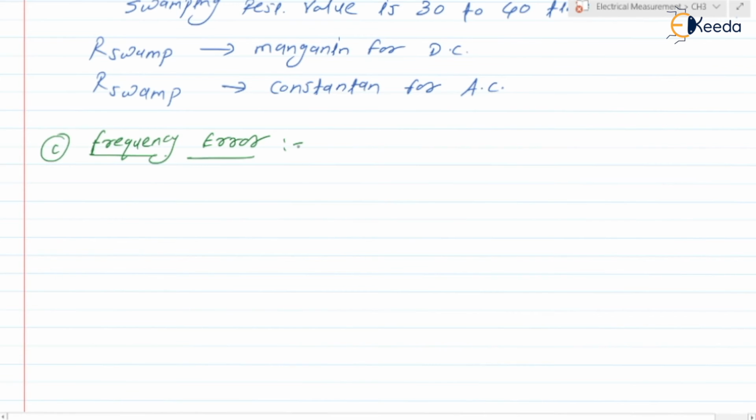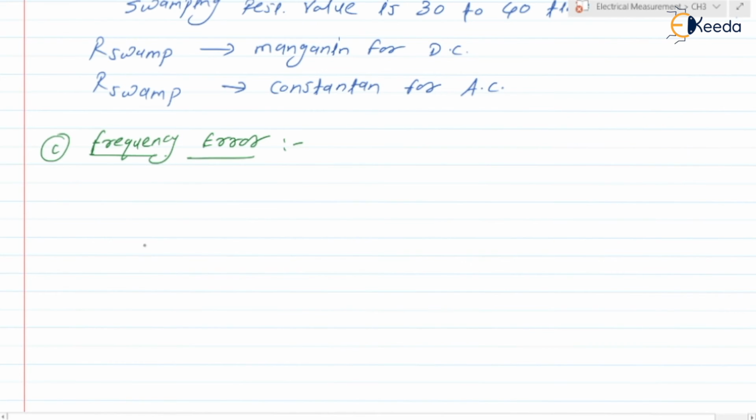Suppose we have a moving iron instrument and I am measuring a 5 volt AC voltage at 50 hertz, and at that time the meter shows correctly 5 volt. But if I measure the 5 volt AC at a frequency of 60 hertz, then the meter will not show 5 volt. The meter will show some different reading, and this is nothing but the frequency error.